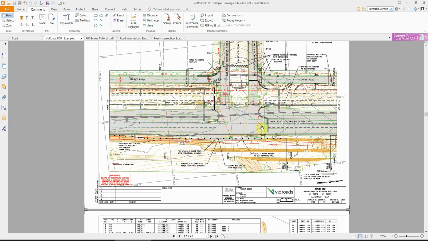You've got this plan here on paper, and there's no scale specified here, but let's say you've got a scale of 1 to 200 on this drawing. The only ruler you've got has the scale of 1 to 100.